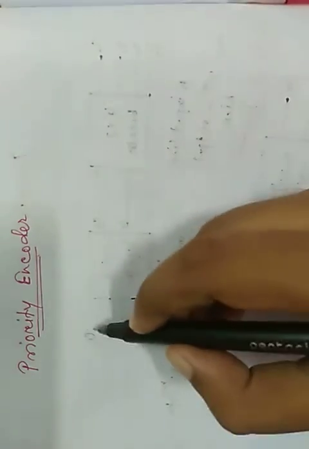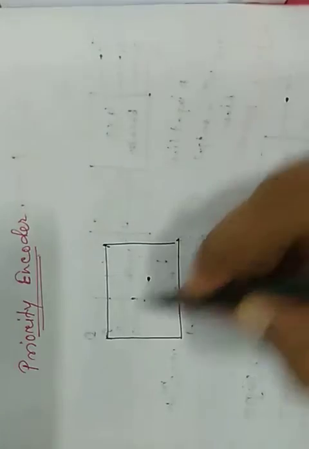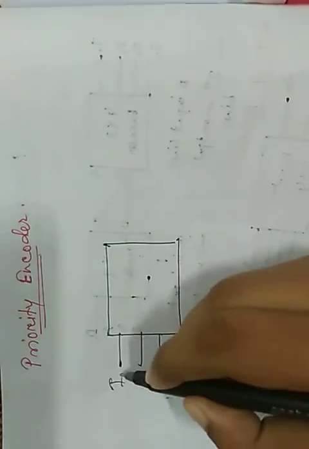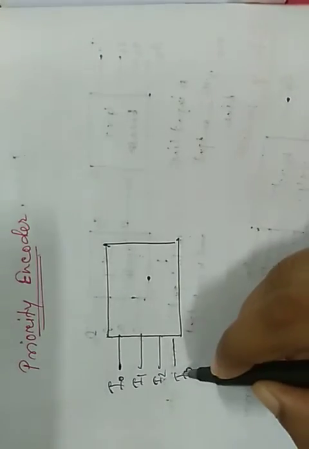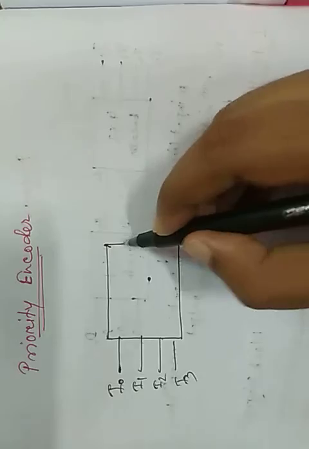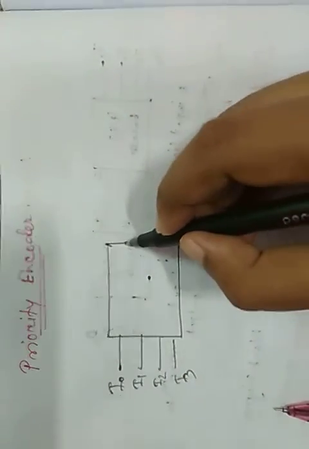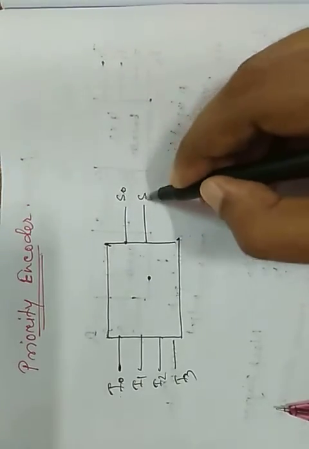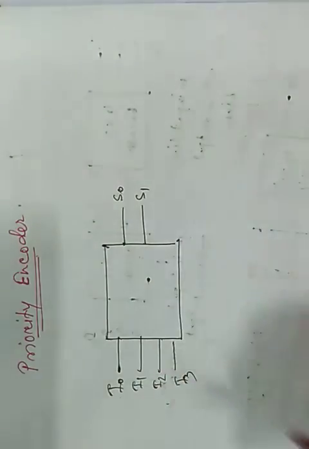So, what is encoder? In encoder, we know that if there are 4 input lines, suppose I0, I1, I2, I3, then only one input signal can be activated through the two output lines S0 and S1.